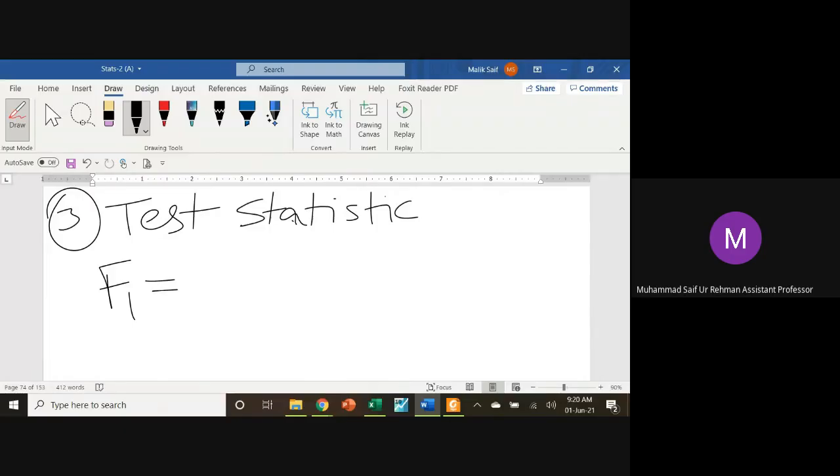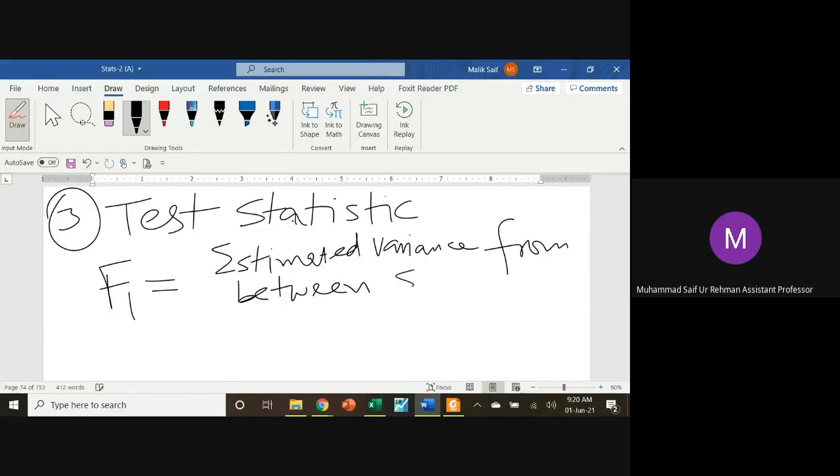This will equal estimated variance, as you are talking about shifts in this case, so estimated variance from between shifts.